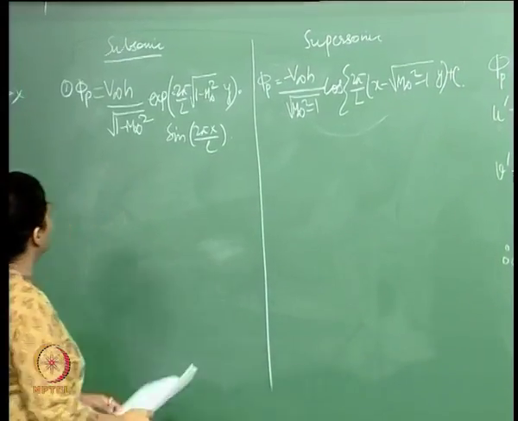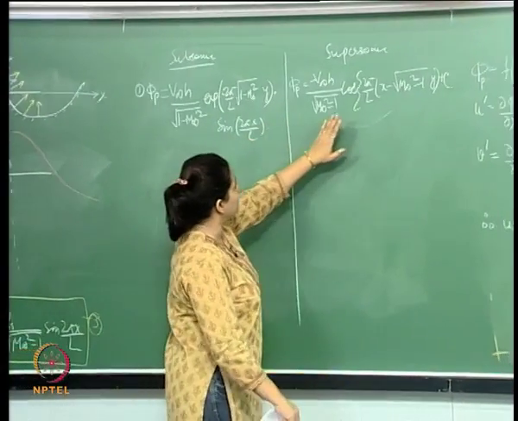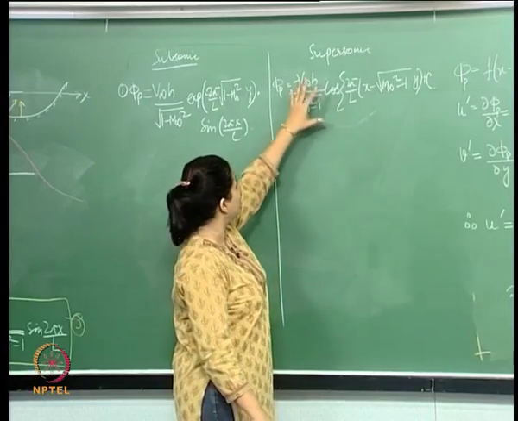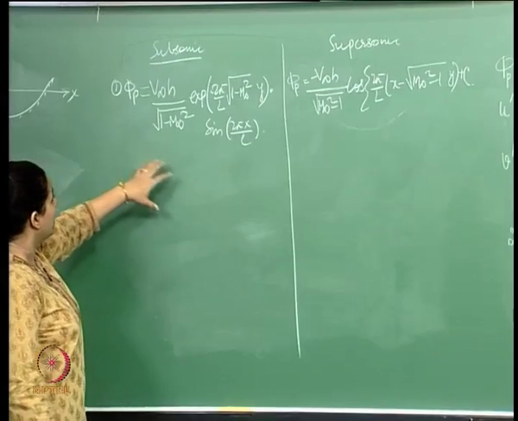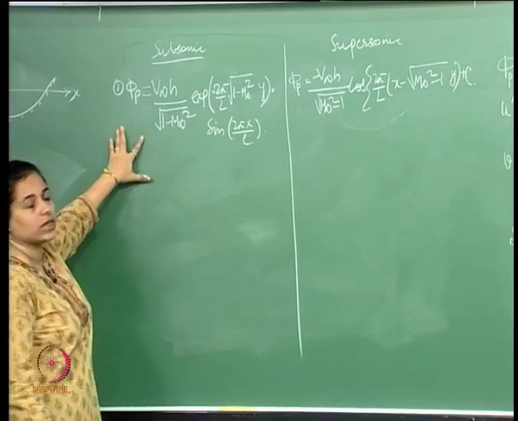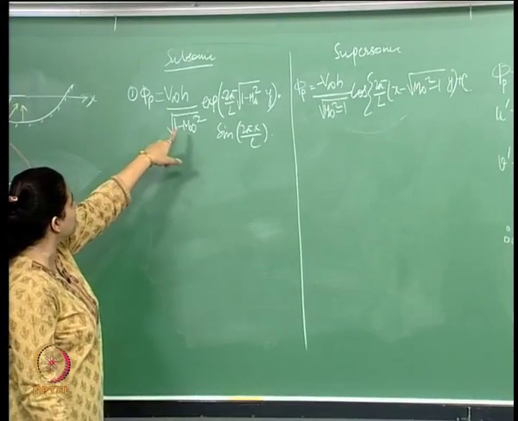First off, the very first difference you can see over here is that there is no exponential dependence of the perturbation potential on y in the supersonic case, whereas for the subsonic case we do have an exponential dependence.